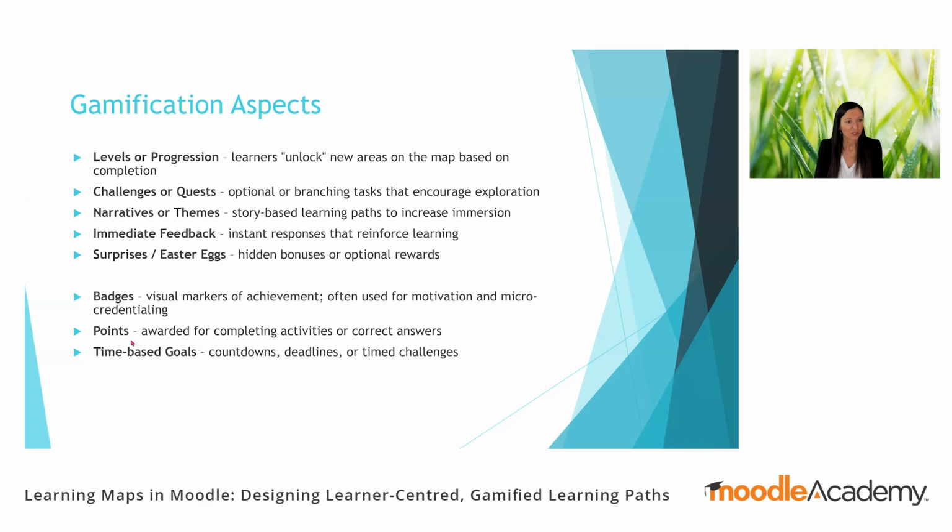If you're wondering if you can have badges, points, or time-based goals, they're not included in the learning map itself. But there are ways you can work around that. But maybe that's planned, that will happen one day, that we'll have that in the learning map as well. But as I said, you can play games, not just in the group mode, you can organize it also this way.